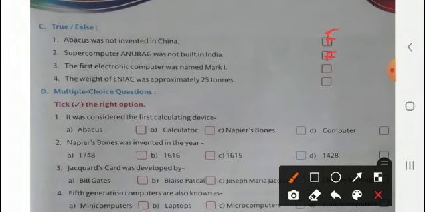Now see third one: the first electronic computer was named Mark I. Yes, it is true. Then fourth one: the weight of ENIAC was approximately 25 tons. No, false. Here it is 27 tons. Okay.